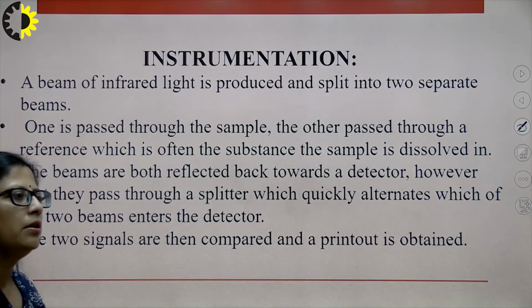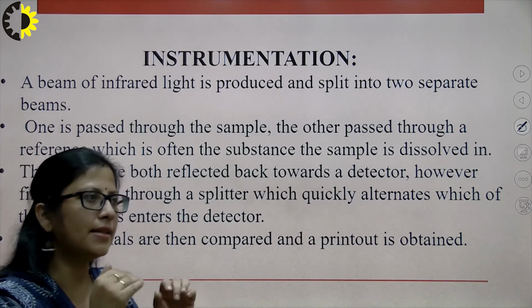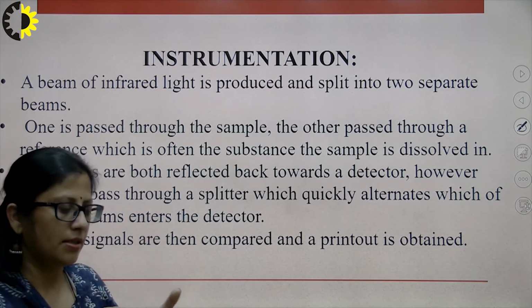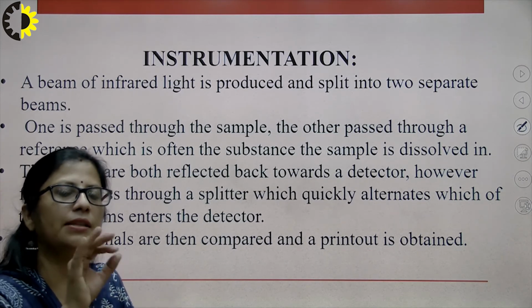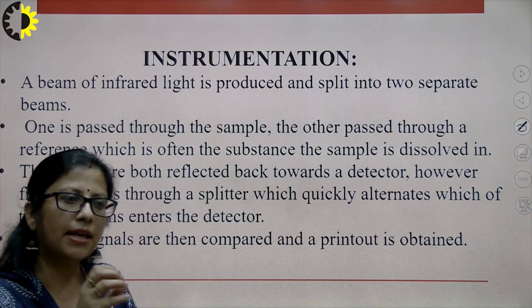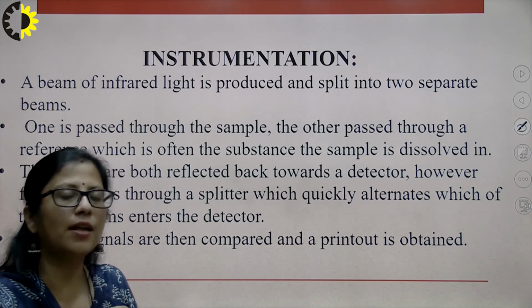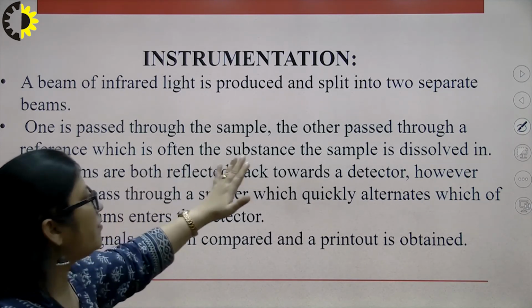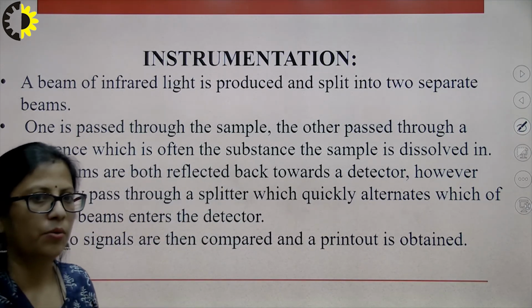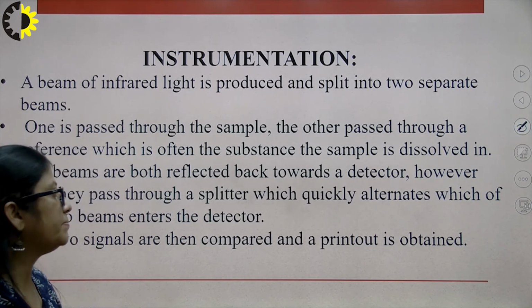There are certain samples we dilute before putting them in the IR spectroscopy, and the second beam passes through the reference material in which we have dissolved our sample, so that we can study the difference and get the exact spectra of our original sample.